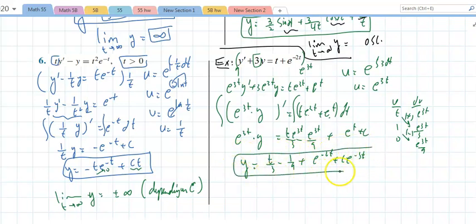That would be my solution. If I take the limit as t approaches infinity of this y, I will get, this will approach infinity, minus 1/9 plus 0 plus 0, that would be infinity, so I know this would diverge.